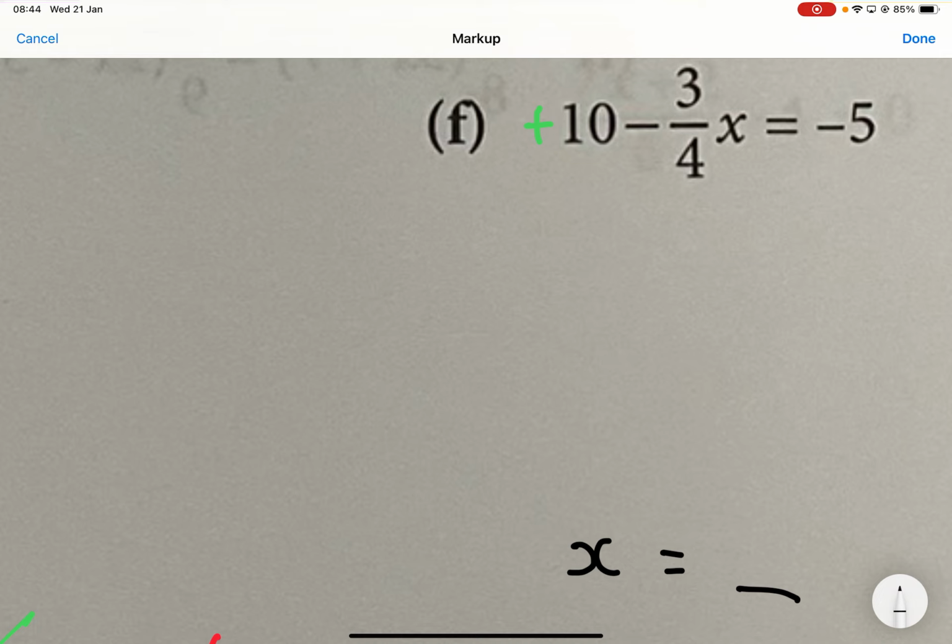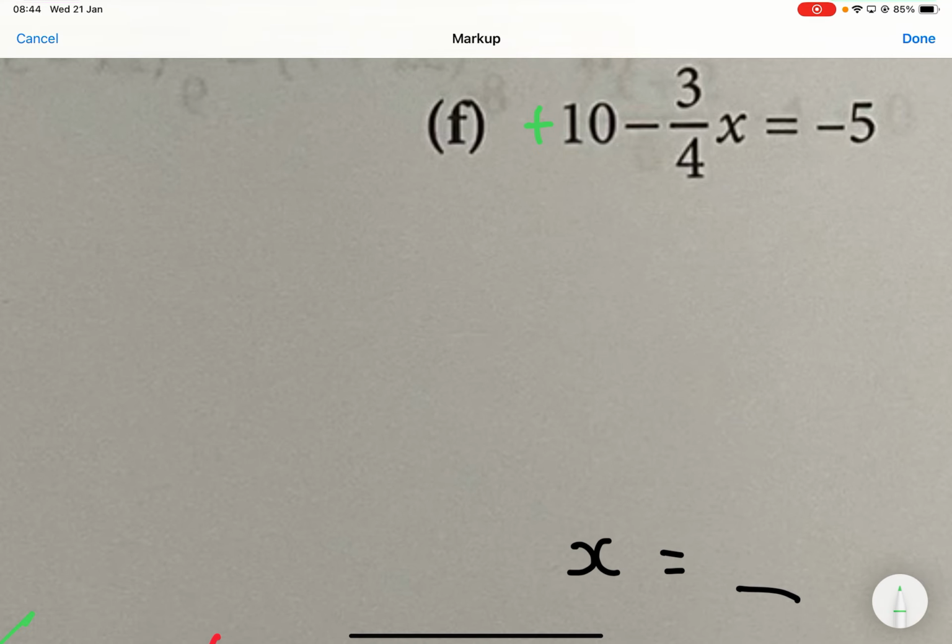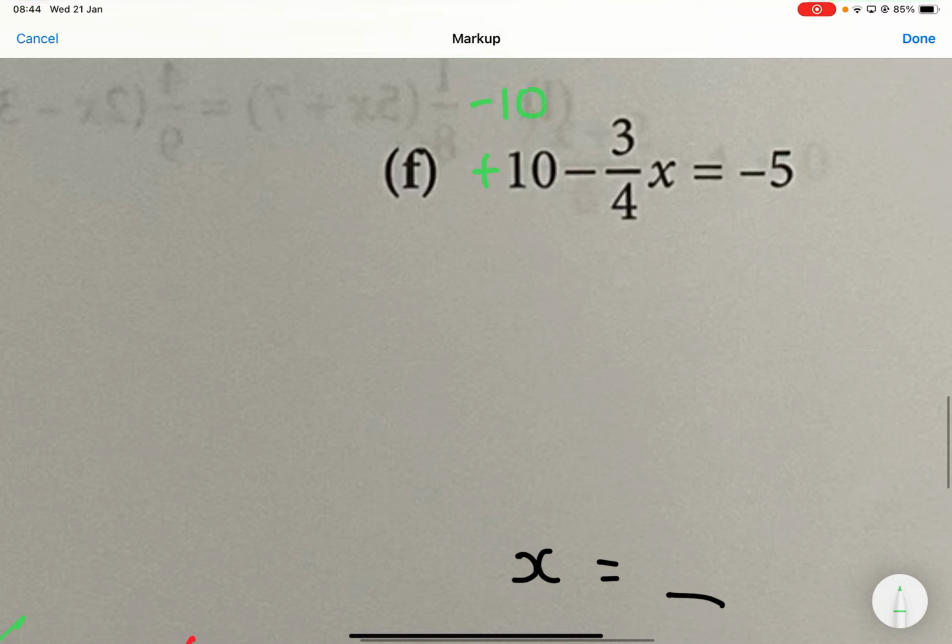Okay? So terms are further apart. My negative 3/4 is closer to my x. My plus 10 is the cousin that I don't want. Okay? So how do I make this cousin go away? Plus 10. So I want it to disappear, I need to minus 10. 10 minus 10, 0.